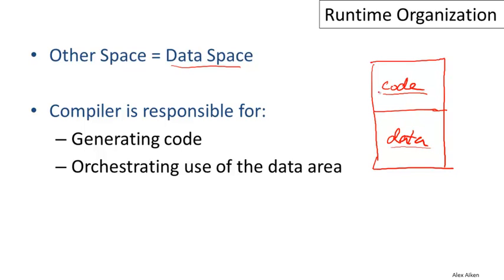There are references, of course, in the code to the data, and the code and the layout of the data need to be designed together so that the generated program will function correctly. Now, it turns out that there's actually more than one kind of data that the compiler is going to be interested in. And what we'll be talking about in the next video is the different kinds of data and the distinctions between kinds of data that go in this data area.